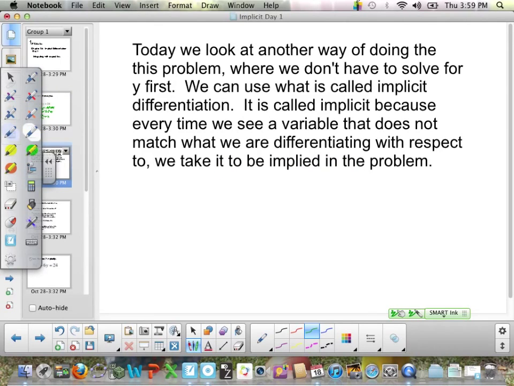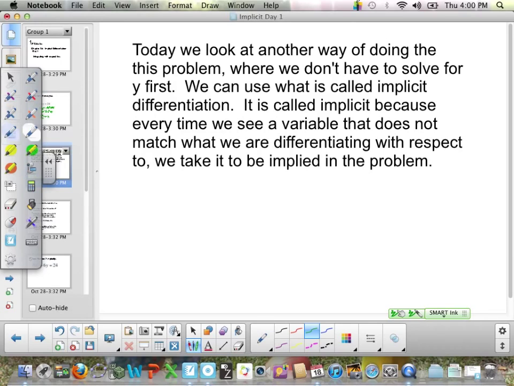Today, we're going to look at another way of doing this problem where we do not have to solve for y first. This is called implicit differentiation. Basically, we're going to have our function written out, not in terms of y. And every time we take the derivative, we're going to apply the chain rule.